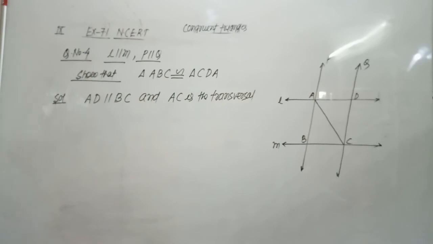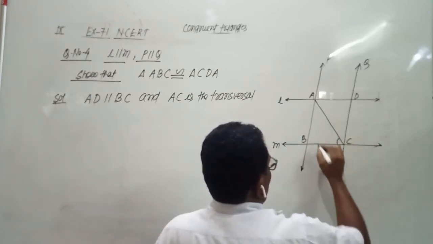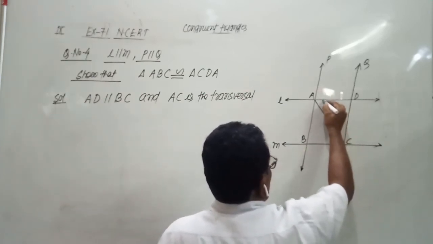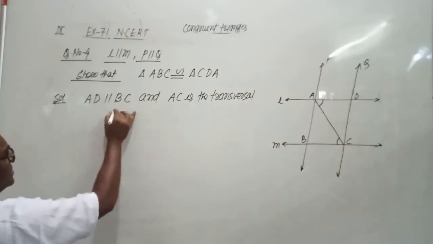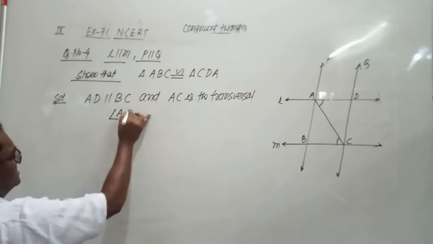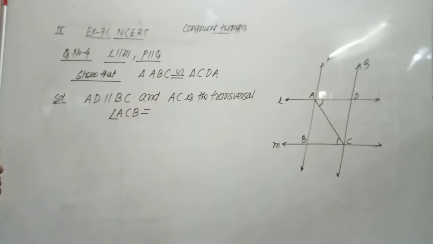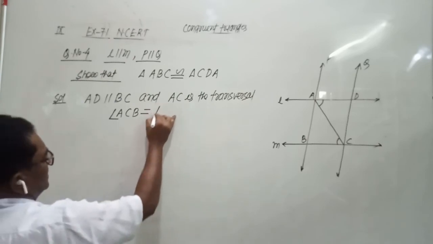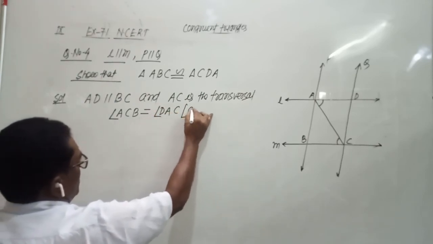So angle ACB must be equal to angle DAC, alternate angles.